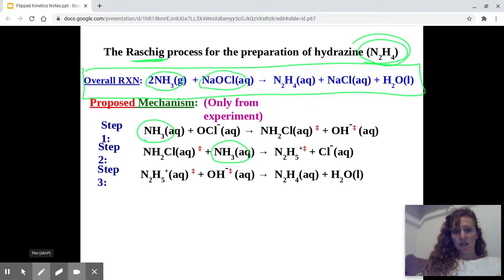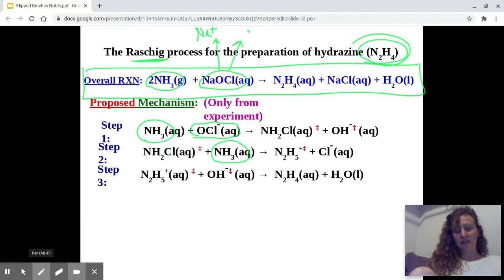NaOCl, this one actually shows up as the ion. And the reason they do this is because as soon as this gets put into an aqueous solution, it's a highly soluble salt. So NaOCl is not actually going to exist in solution.